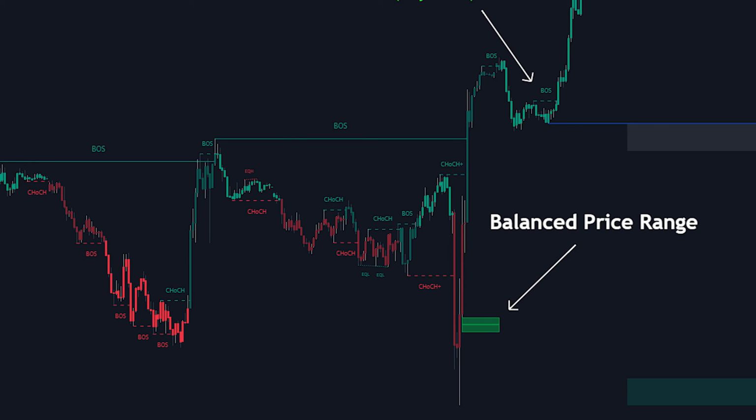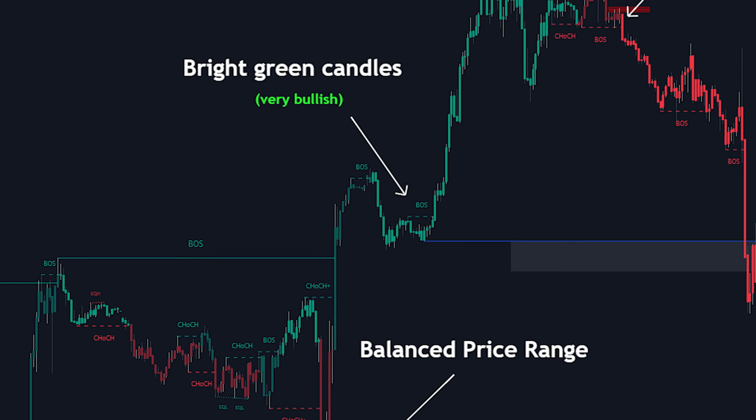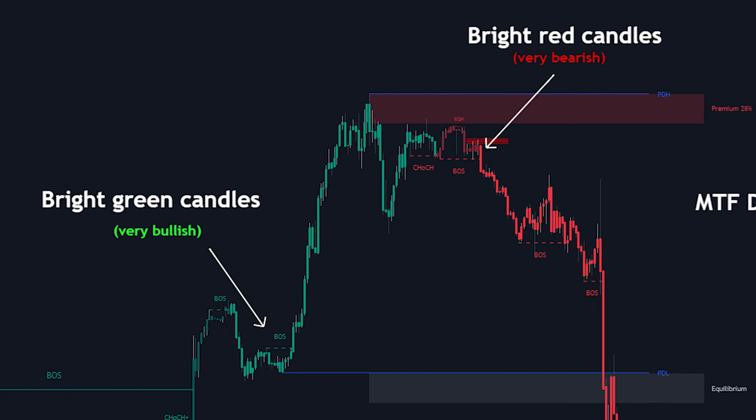And the colored candles here use detailed market structure analysis, allowing you to visualize when trends are still developing or are actually established.